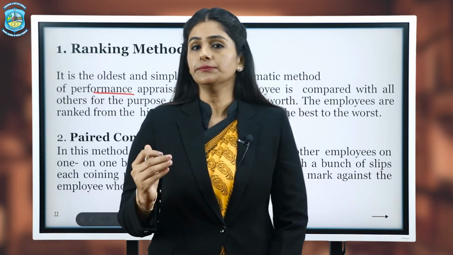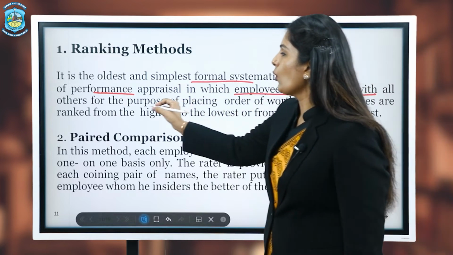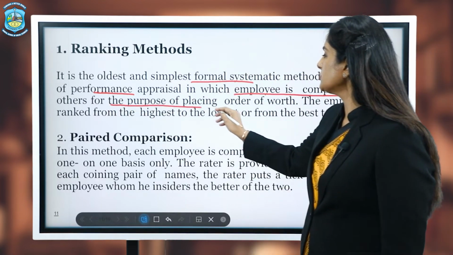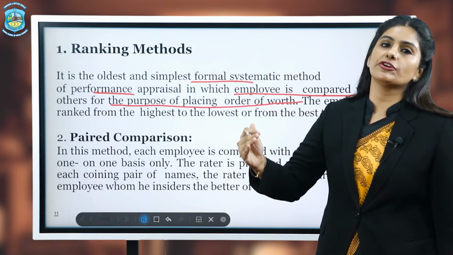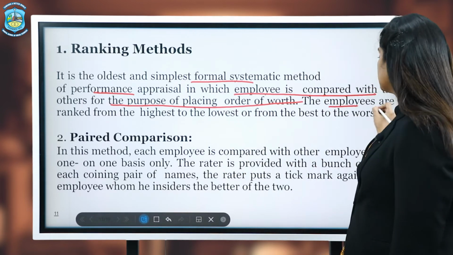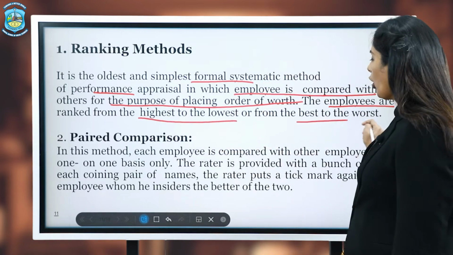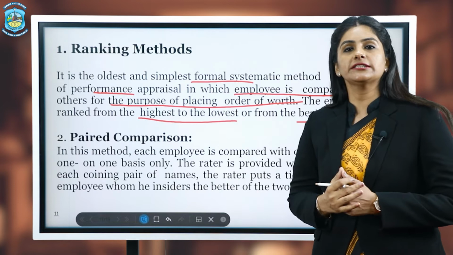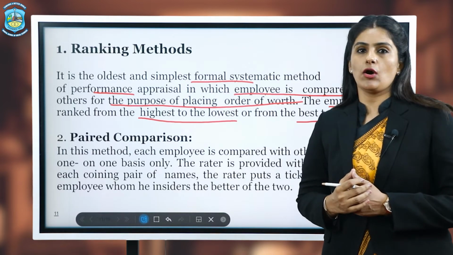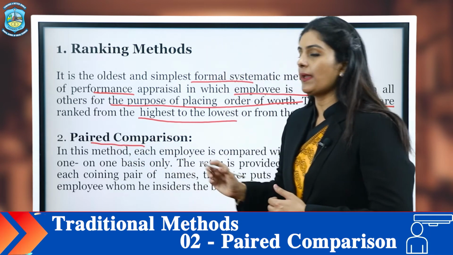Through this method, an employee is compared with all the others for the purpose of placing the order of worth of that particular employee. In this, the employees are ranked either from highest to lowest or best to worst as per their performance.